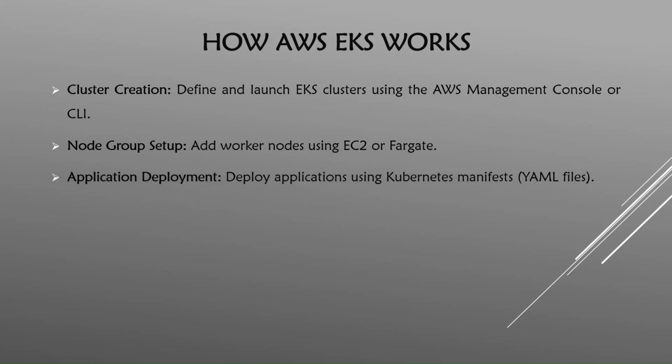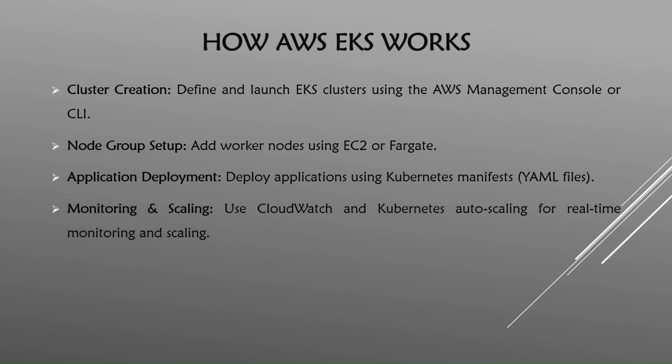Application deployment. To deploy your application, you write a configuration file in YAML format that tells Kubernetes how to run your containerized applications, called pods. You use the kubectl tool to apply these files to the cluster, and Kubernetes makes sure your applications run as expected. Monitoring and scaling.